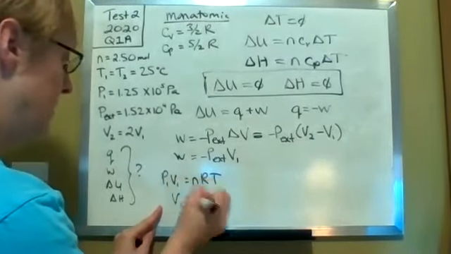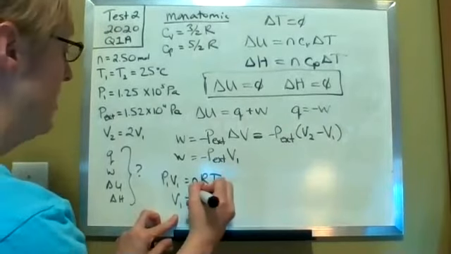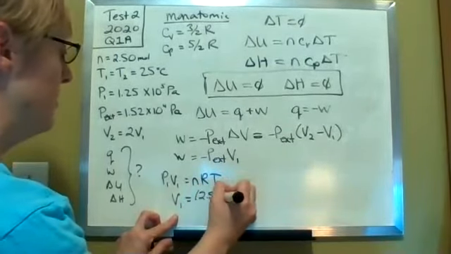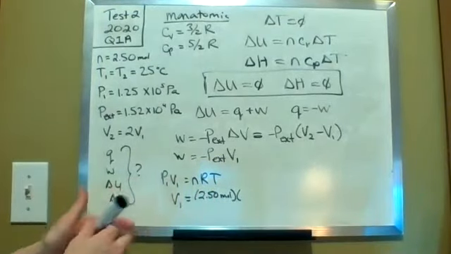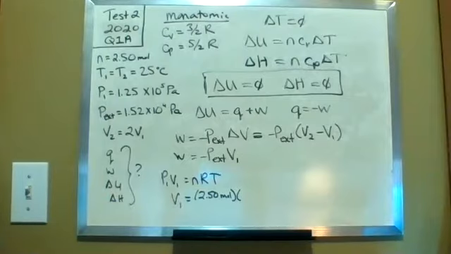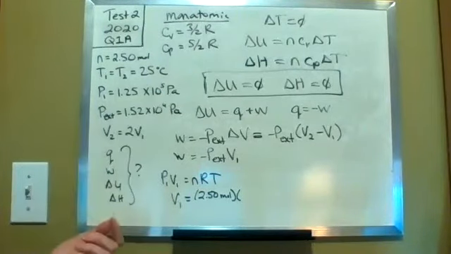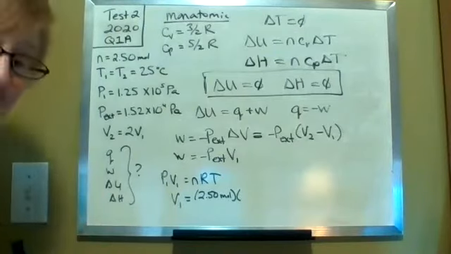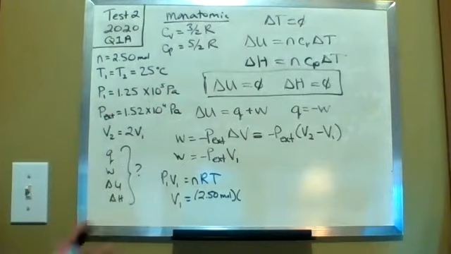I am going to write these values in here because we're going to go over units. So we have 2.5 moles. Now the R we're going to use is going to depend on what units we're going to use in this. We have pascals for our pressure. We don't have a volume unit yet, but it's going to tell us what unit we're going to get for that case. So if we want to stick to pascals, the R that you're going to use is 8.314.